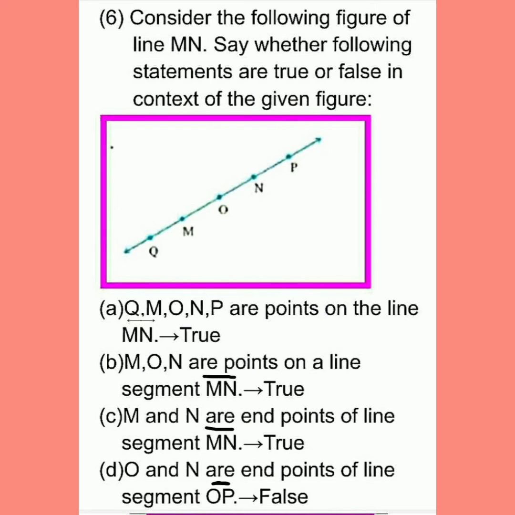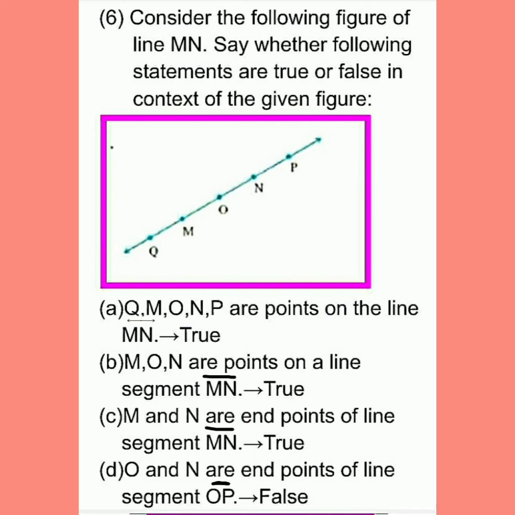M, O, N are points on a line segment MN. Right, true. M and N are endpoints of line segment MN. We know a line segment has an exact measurement and M and N are the endpoints. So it is true.